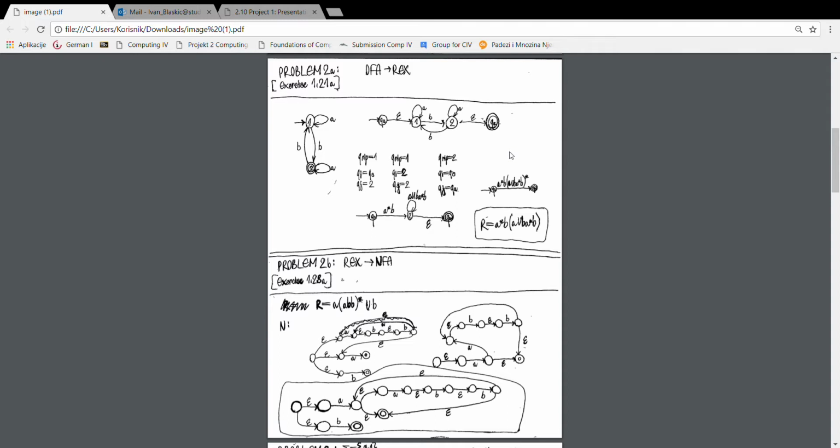I brought these two examples to say that this gave me the idea why we were talking about DFA, and why it was important to prove that DFA is equivalent to NFA, that NFA is equivalent to regular expression, and that all of them represent regular languages.